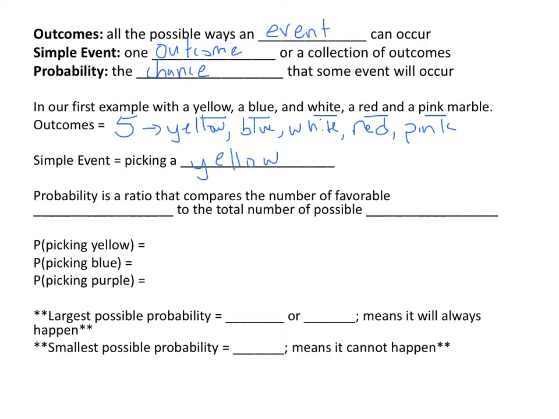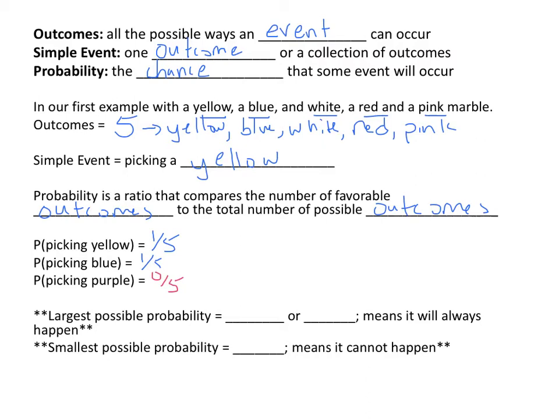And the probability is a ratio that compares the number of favorable outcomes to the total number of possible outcomes. So in this case, picking the yellow would be 1 out of 5, because there's one favorable way to get it and 5 possible outcomes. Picking blue would also be 1 out of 5, and picking purple would actually be not 1 out of 5, but 0 out of 5, because there was no purple marble.